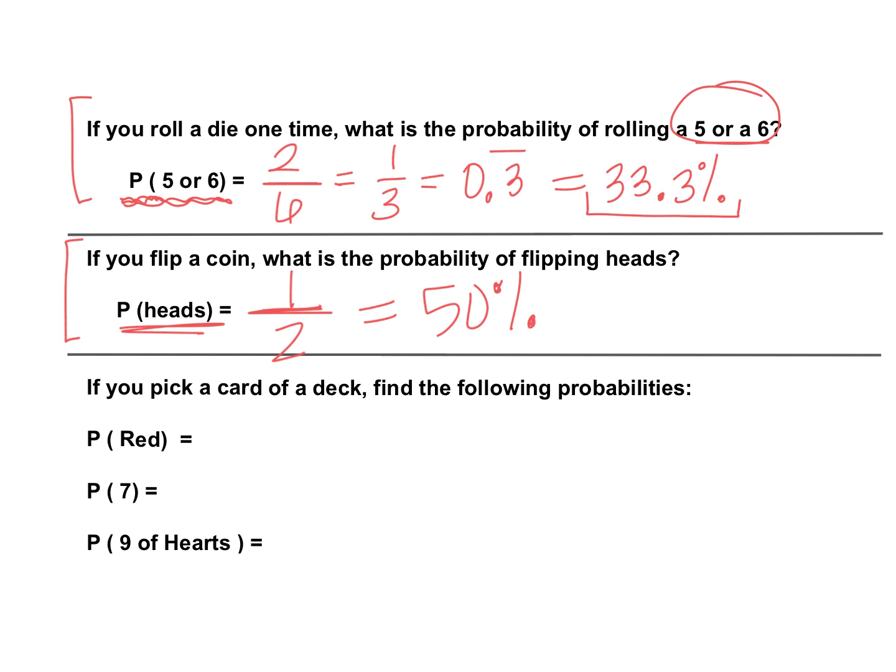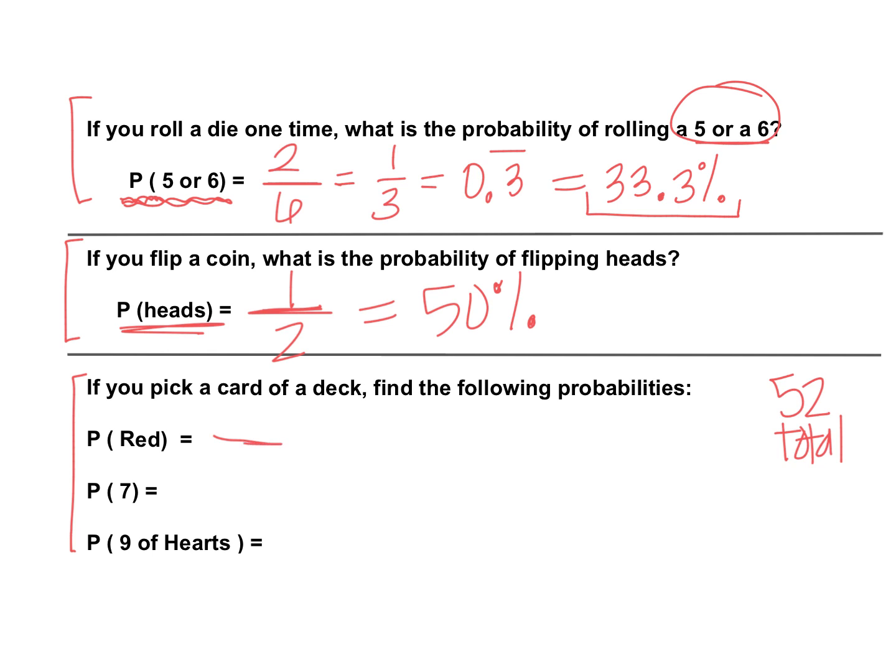If you pick a card out of a deck, find the following probabilities. So probability of it being red. If you are not sure, there are 52 total cards in a deck. Half are black, half are red, and then there's 4 suits, and that's divided between all of them.